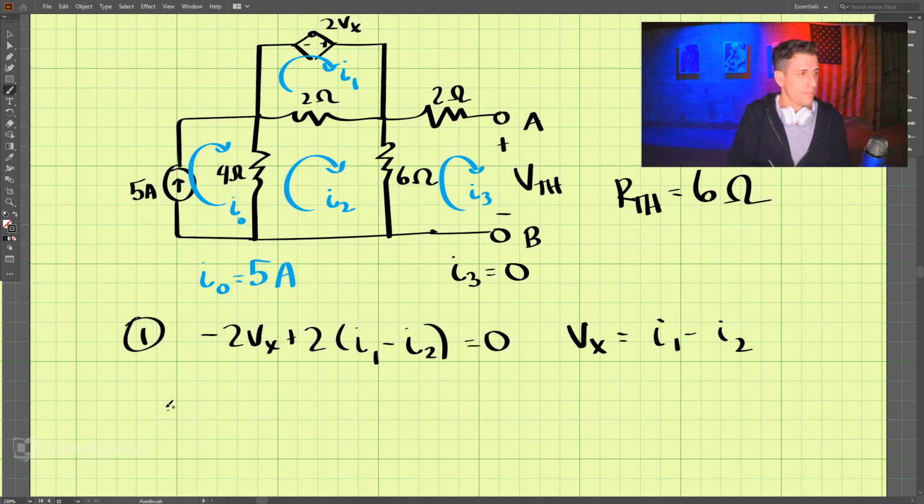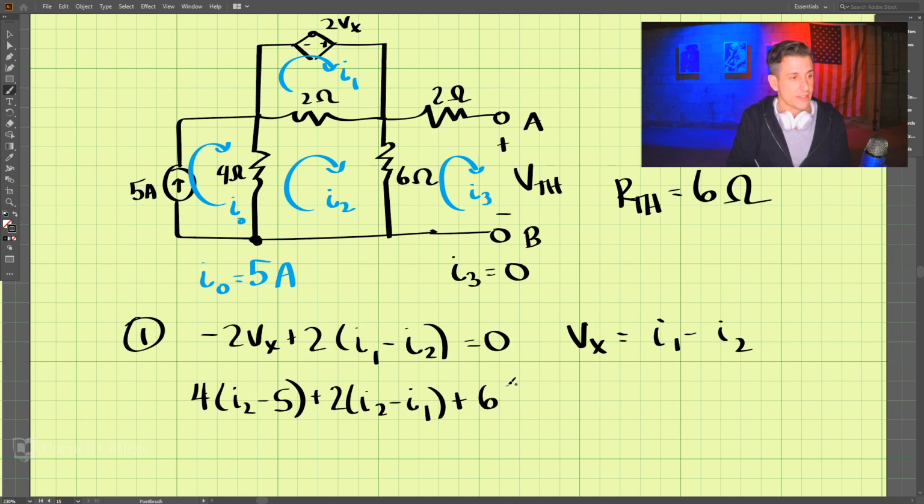Doing our loop analysis for our second loop, let's start here. Going up, we have 4 times I2 minus 5, because this is 5, plus 2 times I2 minus I1, plus 6 times I2 minus I3, remember, but I3 is 0, and that is equal to 0.